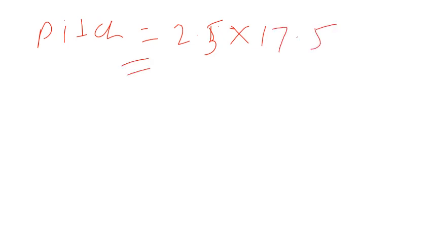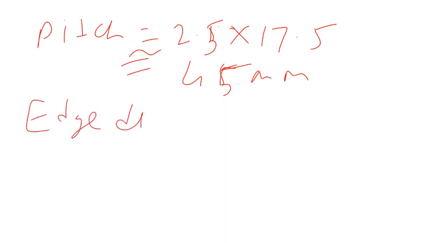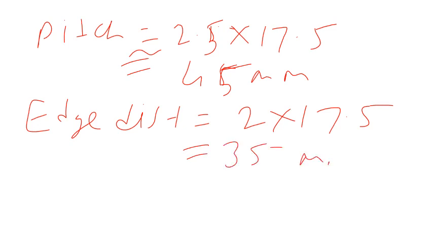Now to draw the figures, we find the pitch of the rivets, the same 2.5 into gross diameter, that is 17.5. This will come to 43 point something, so let's make it 45. Then the edge distance will again be 2 into 17.5, which comes exactly to 35, so keep that as it is, 35 mm.